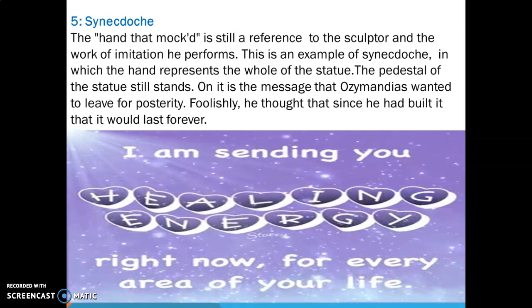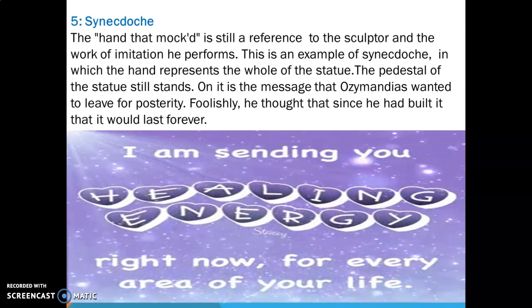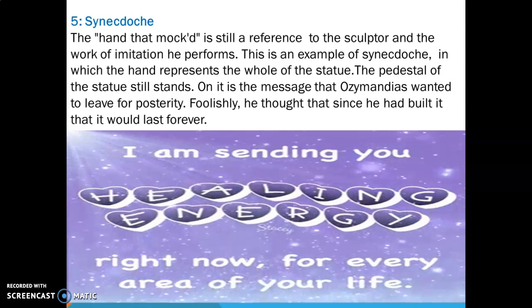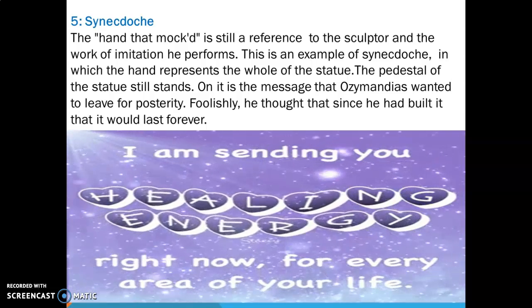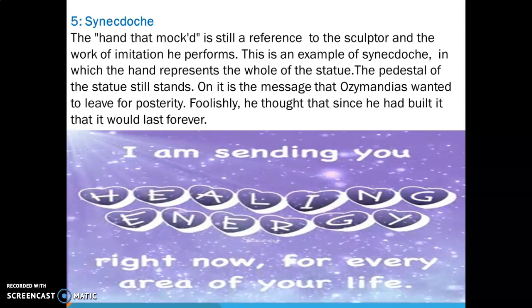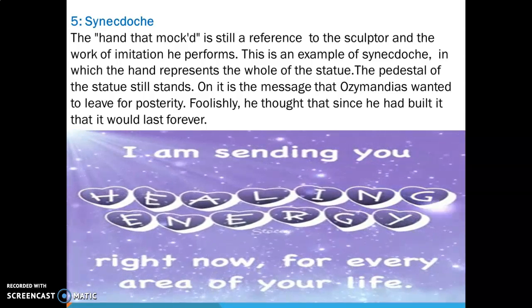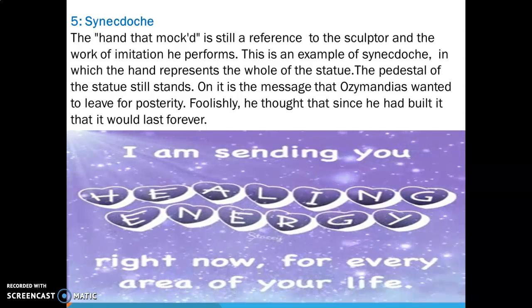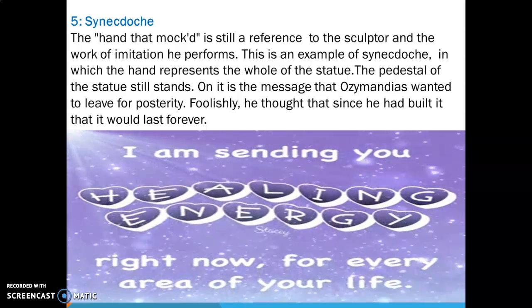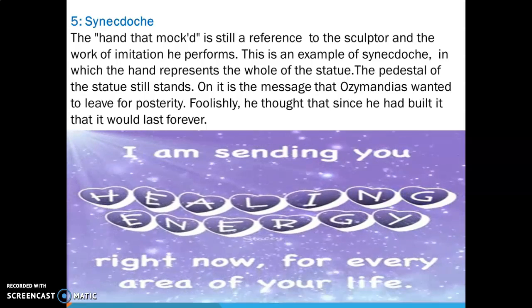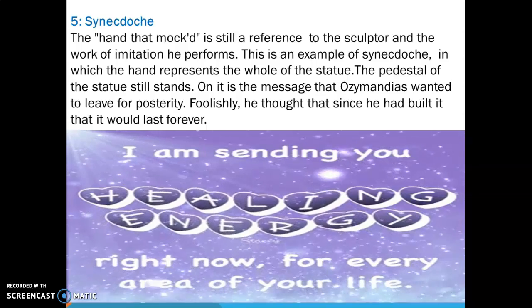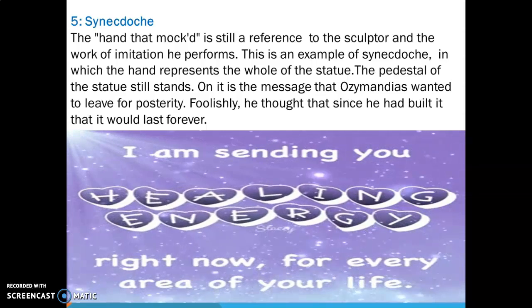This is an example of synecdoche because the hand represents the whole of the statue. The pedestal of the statue still stands. On it is the message Ozymandias wanted to leave for posterity. Foolishly, he thought that since he had built it, it would last forever.